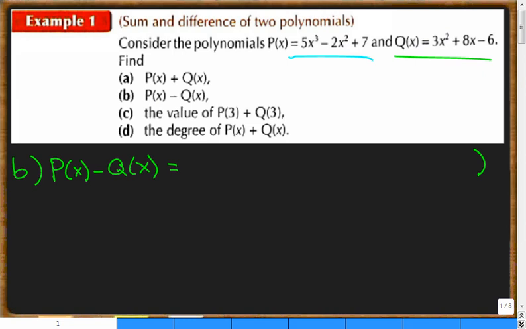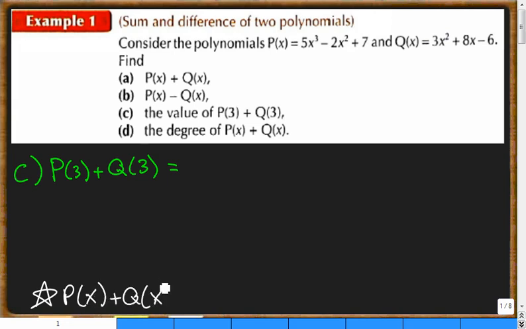So part C asks us to evaluate what p of 3 plus q of 3 is going to be. Well, we know from earlier that p of x plus q of x was 5x cubed plus x squared plus 8x plus 1.